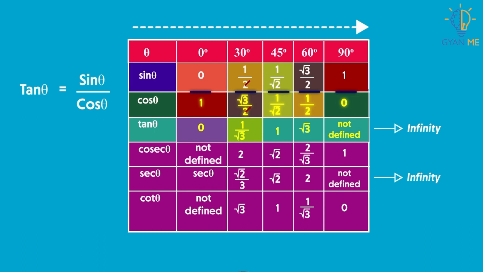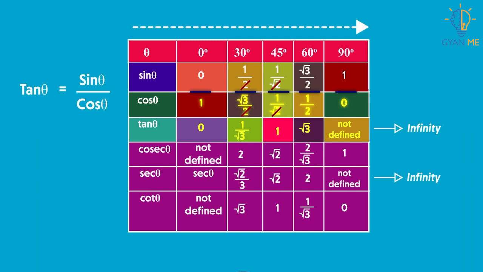As here, root 2 cancels out, and so it would be 1 by root 3. Now again, tan 45 is ratio of 1 by root 2 to 1 by root 2. Root 2 cancels out, and we get 1 upon 1, which is 1. And so is the value of tan 60.